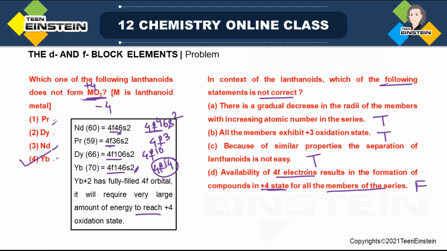The decrease is very slow, so more or less their sizes are the same. That is why their separation is comparatively difficult: when sizes are similar, chemical properties will be the same, so separation becomes difficult.